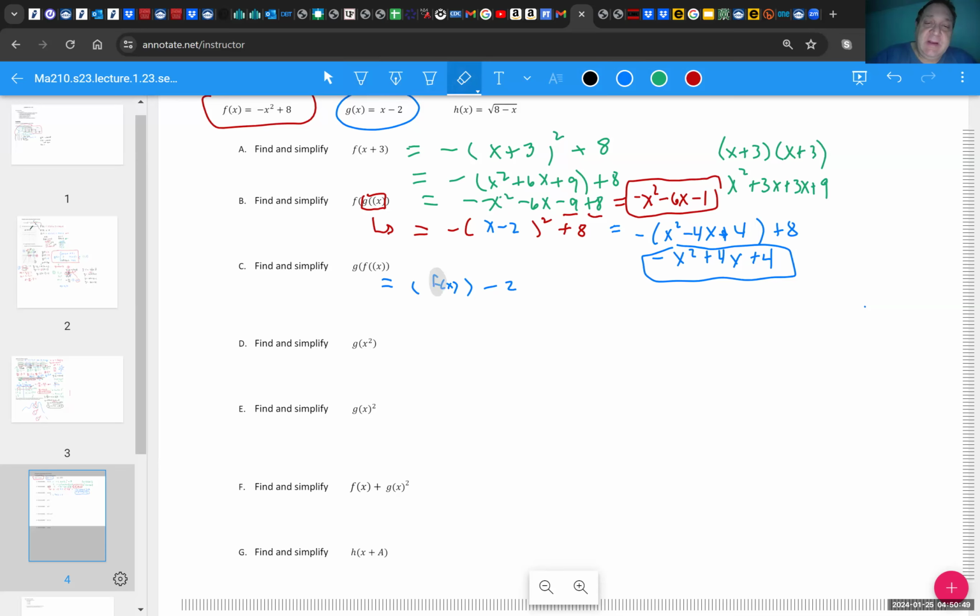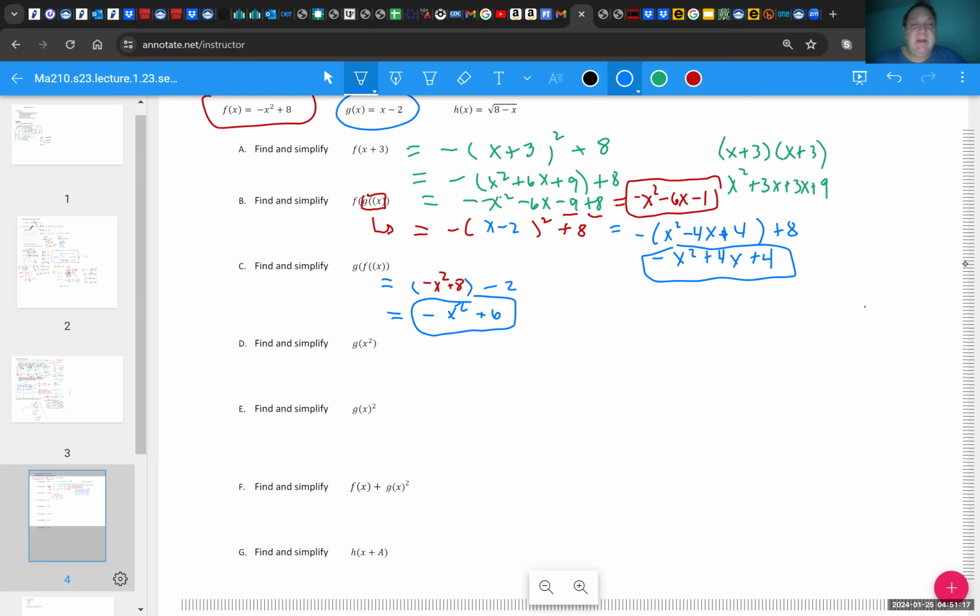I'm going to simplify it, writing what the f of x is. So the f of x is negative x squared plus 8. So it's the thing minus 2, the thing being negative x squared plus 8. There's nothing to square out this time. I'm just going to be able to combine like terms. So negative x squared, I have a plus 8 and a minus 2. That results in a plus 6.